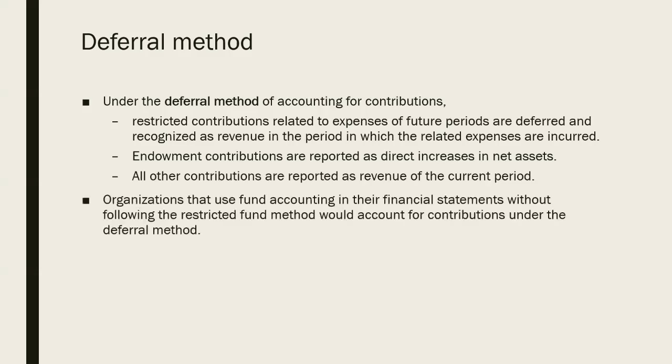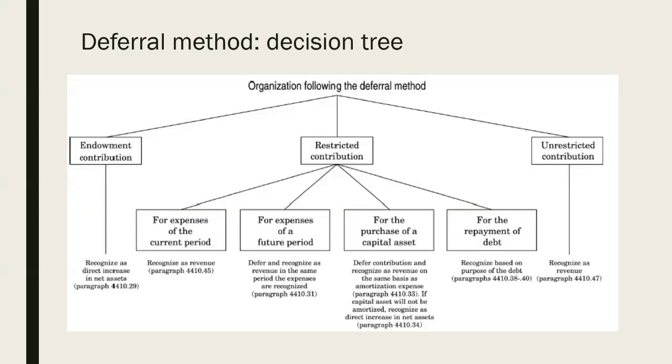Organizations that use fund accounting in their financial statements without following the restricted fund method will account for contributions under the deferral method. So where the restricted fund method is not used, automatically the organization defaults to the deferral method. So how does that work? Here's the decision tree.